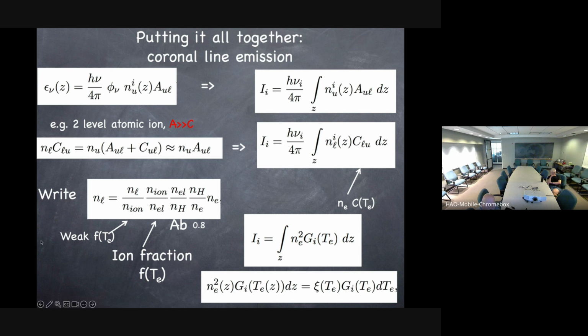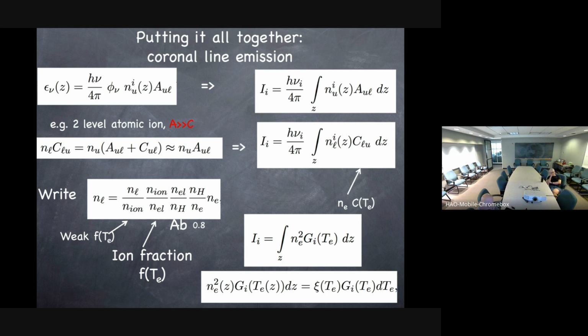So that number is like the number density in the n equals 1 level, over the number density in the whole hydrogen ion. So that number is 1, for instance, or it's some very weak function of temperature that's at most 1, and at least something like a half or a third.